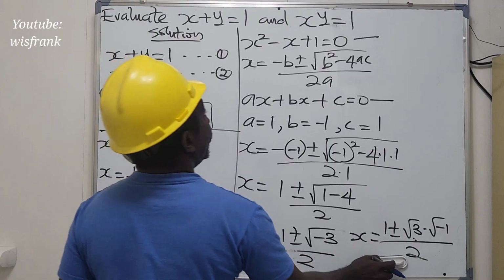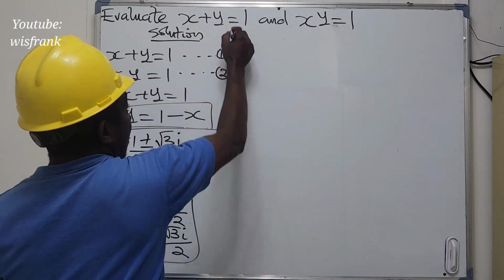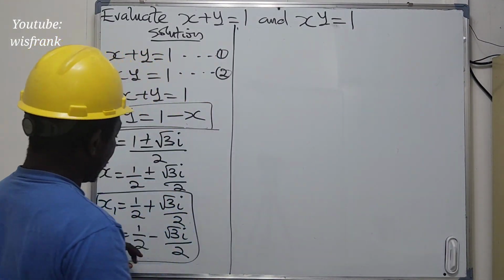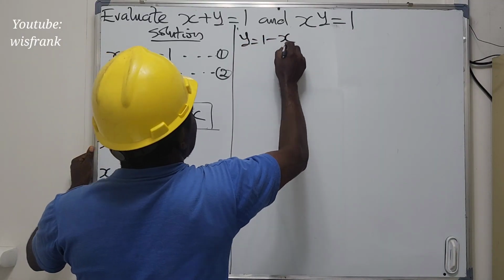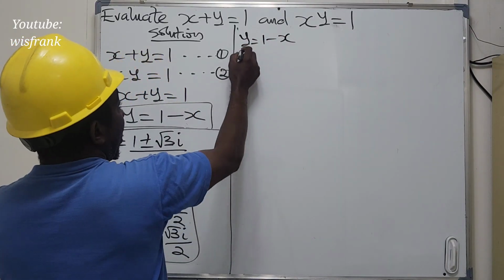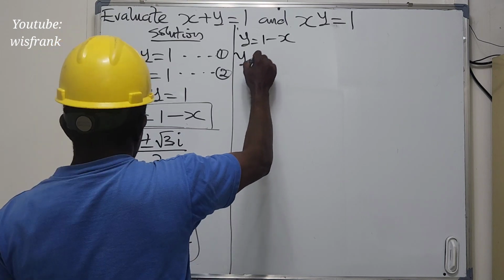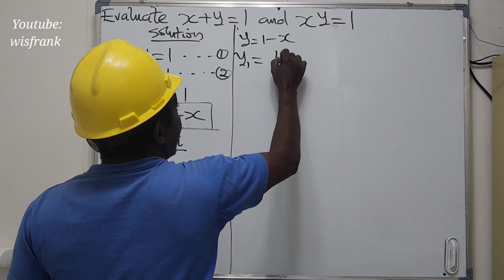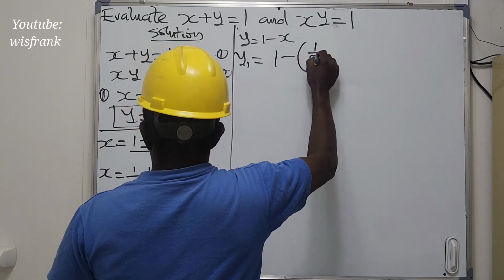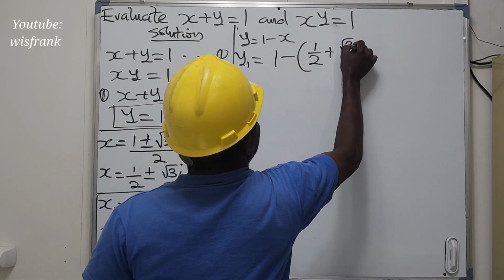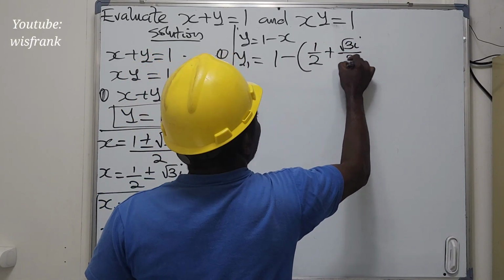So as we said, we need to find the value of y, where y equals 1 minus x. So for x1, which is y1, equals 1 minus, for x1, our x is going to be 1 over 2 plus root 3i over 2.